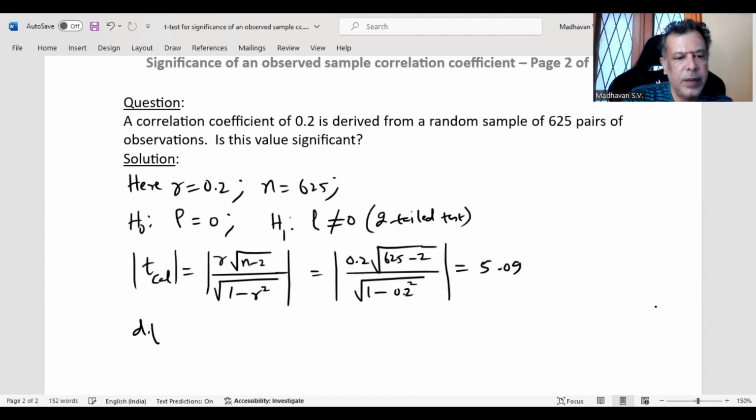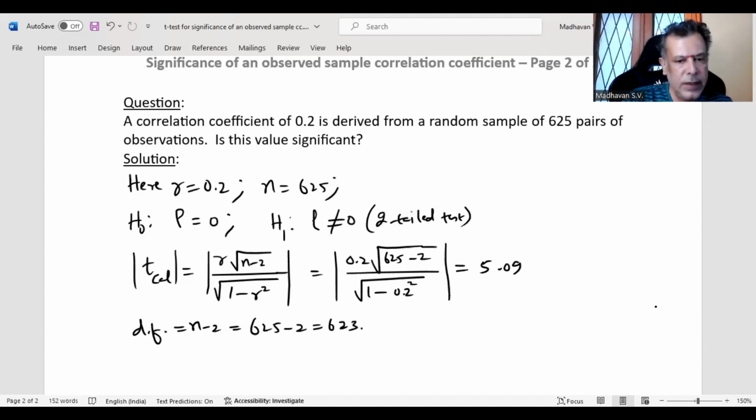Now, degrees of freedom is n minus 2, here 625 minus 2, which is 623. The t tables we have go up to a maximum of 120 degrees of freedom.